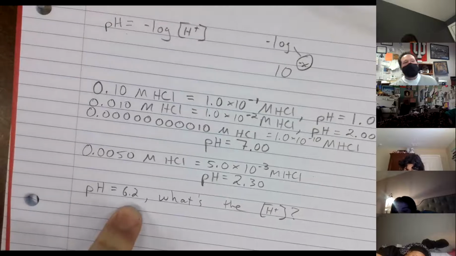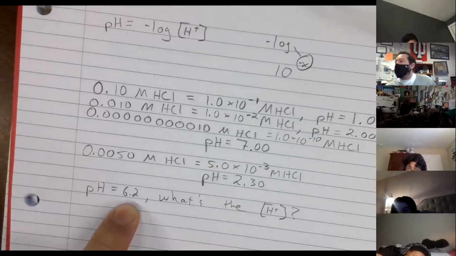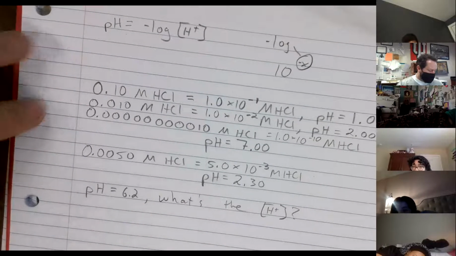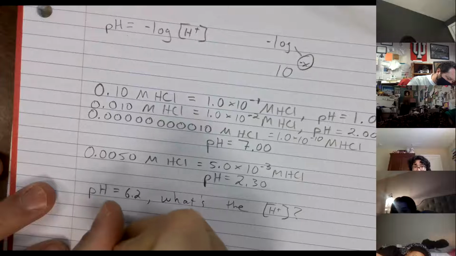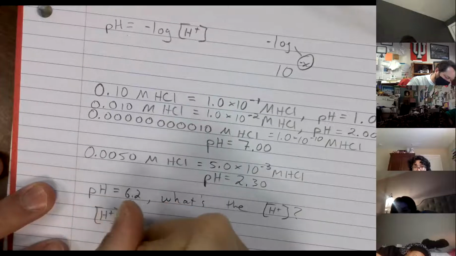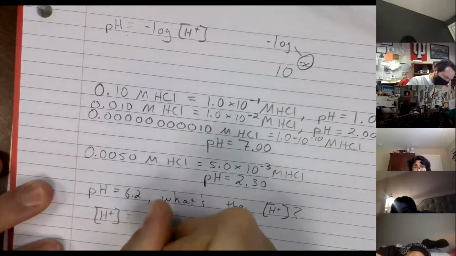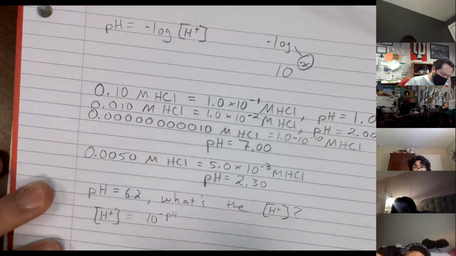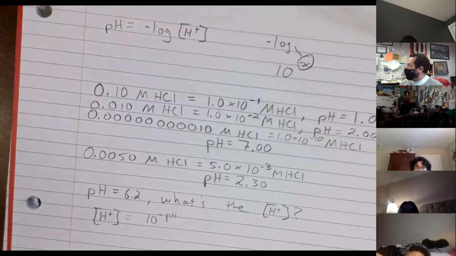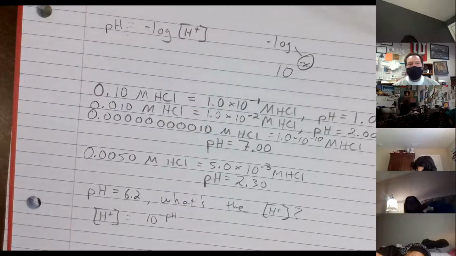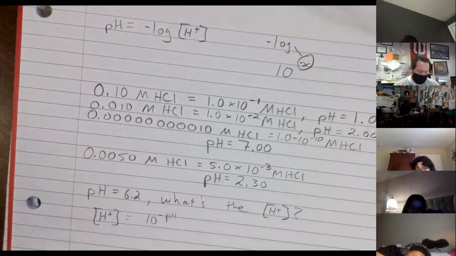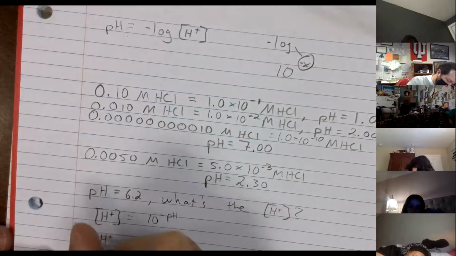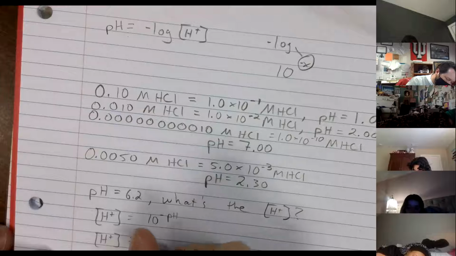Again, a pH is just a negative exponent on 10, base 10. So the formula is just 10 to the power of negative pH. Not a whole lot to it. To solve for our H plus, we say 10 to the negative 6.2.